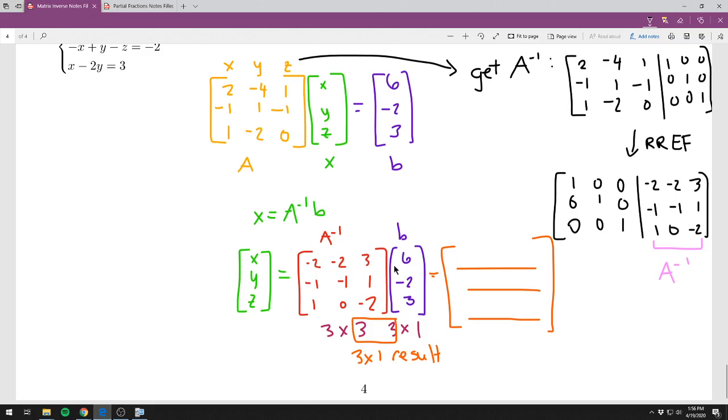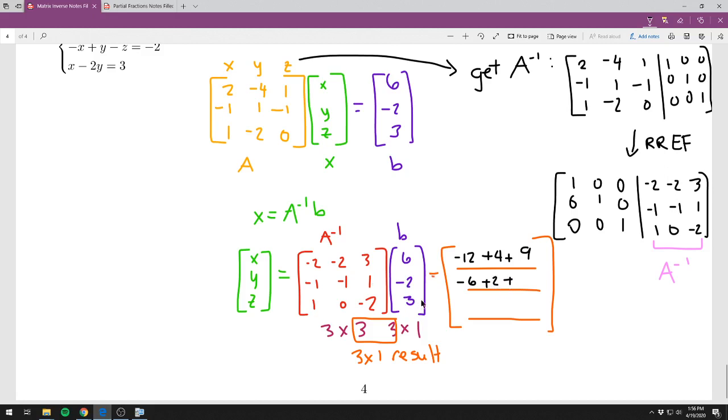So we go across the rows as we go down the 1 column. -2 times 6 is -12. Plus -2 times -2 is 4. Plus 3 times 3 is 9. Row 2 down the column, -1 times 6 is -6. Plus -1 times -2 is +2.